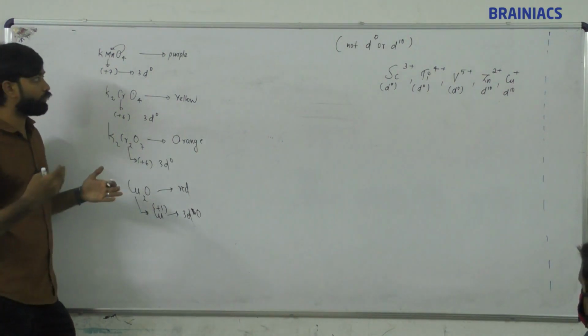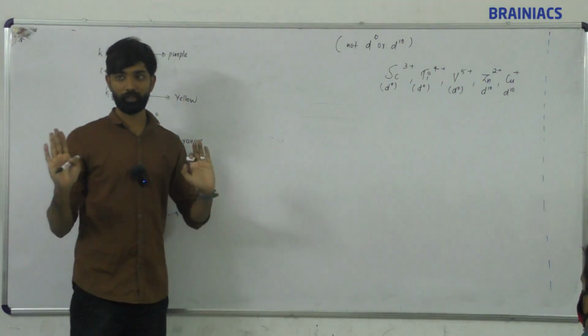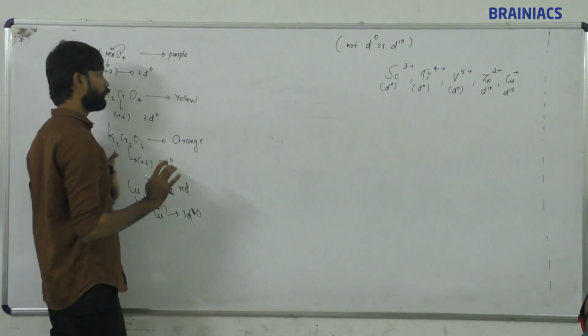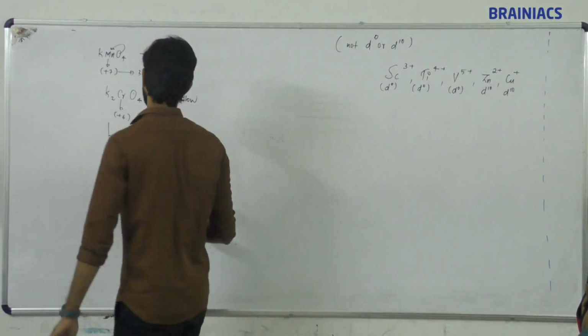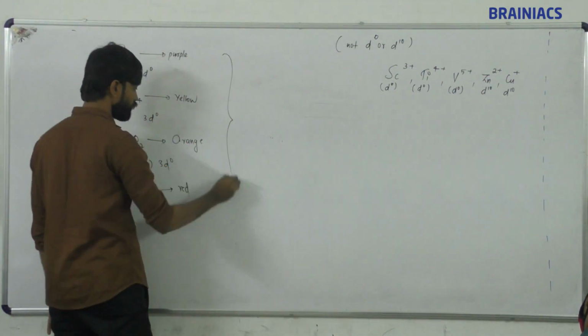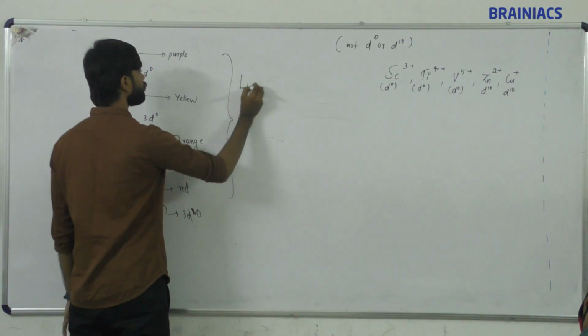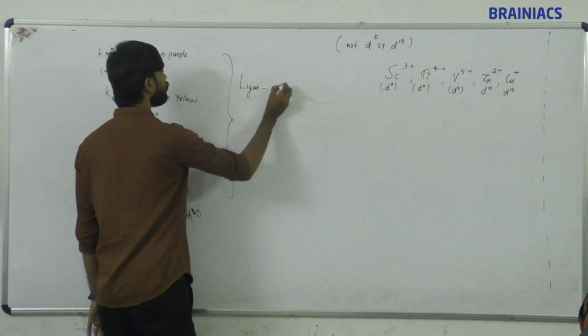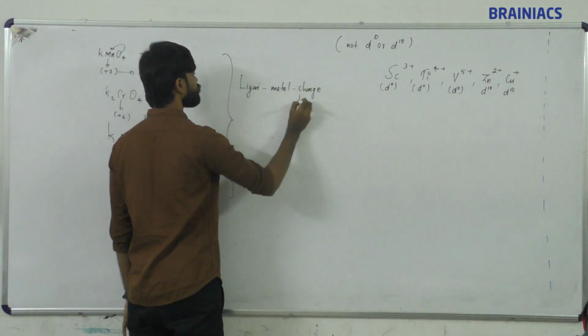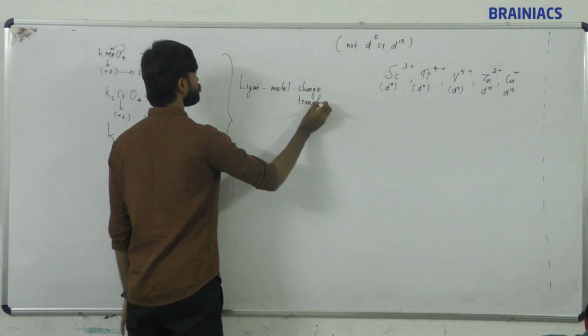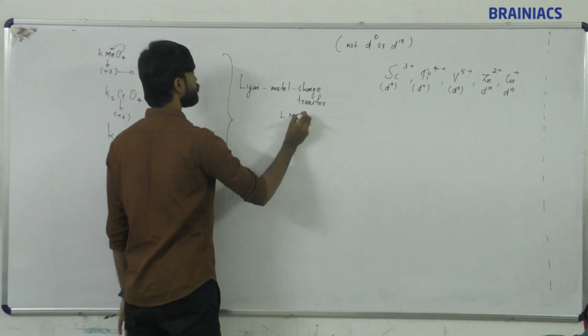Okay, so no need of moving into depth. You simply know the case. So this is a general statement. These all are exceptions, or this is due to ligand metal charge transfer, LMCT.